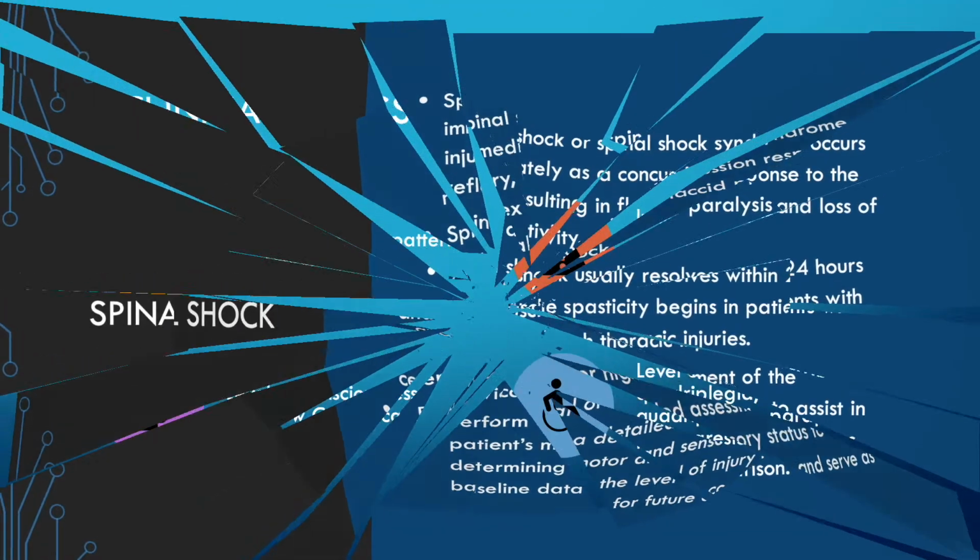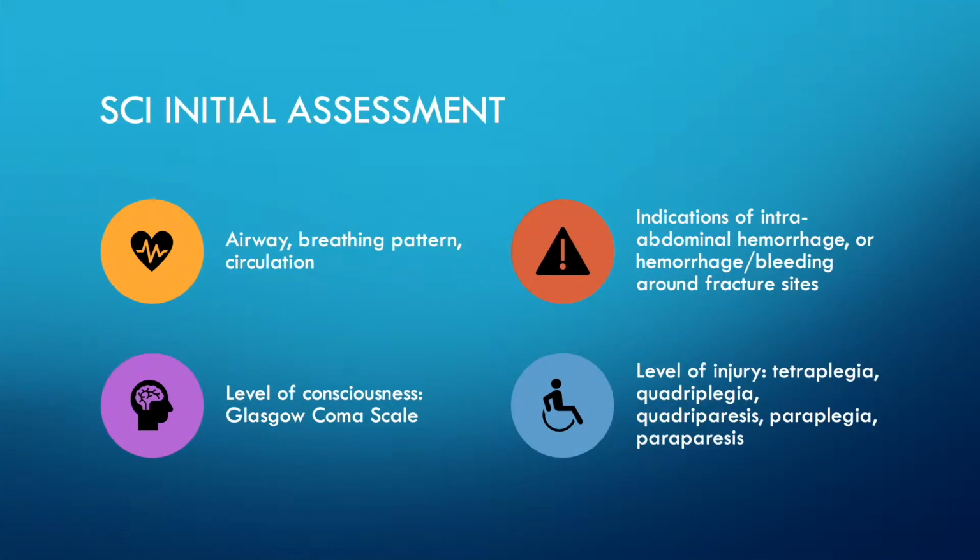For the spinal cord injury initial assessment, make sure that your priority is airway, breathing patterns, and circulation. Double check your level of consciousness using your Glasgow Coma Scale. Look for indications of intra-abdominal hemorrhage or bleeding around fracture sites, and look at the level of injury, including tetraplegia, quadriparesis, paraplegia, and paraparesis.